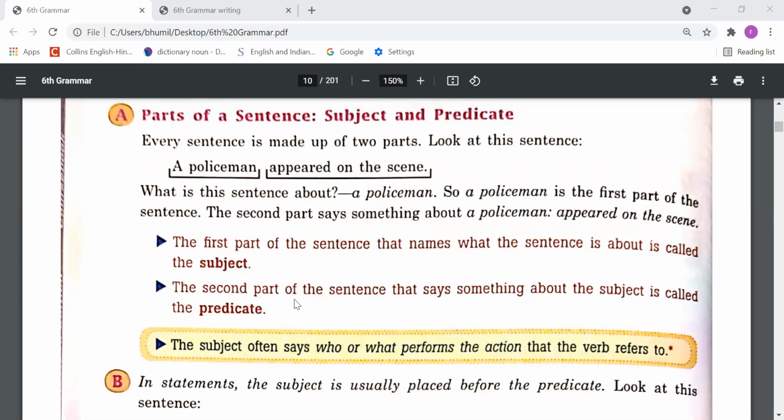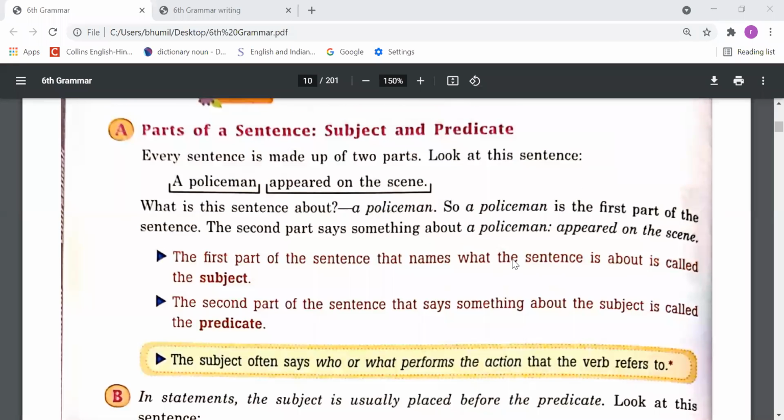The second part of the sentence that says something about the subject is called the predicate. The subject often says who or what performs the action that the verb refers to. So dear friends, simply we have to understand two things here: subject and predicate. Every sentence is made of two parts. One is the subject and the second part is the predicate.